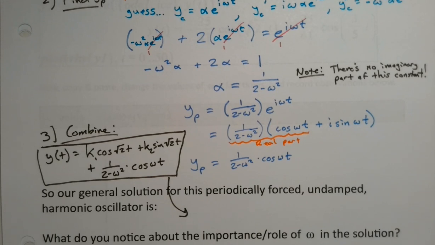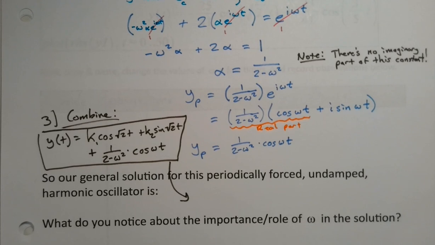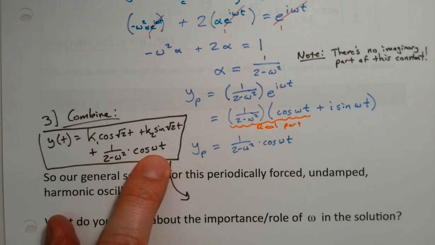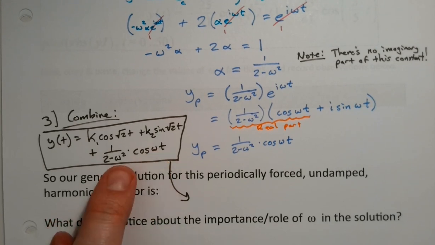And so what we're going to do is hit the pause button here and give you a little bit of time to think about this, and then we'll talk about this in class on Tuesday. What do you notice about the role of omega? What's important? Well, omega is inside the cosine here, so that's important. But take a look at it here. It's in the denominator. What would happen if omega takes on any particular value?